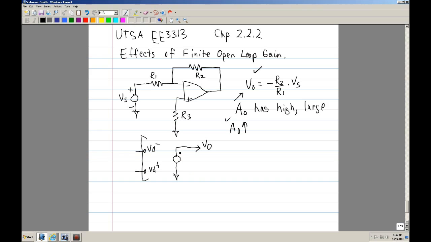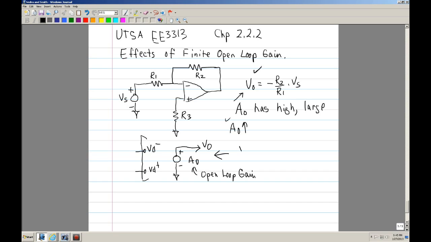The gain of this voltage source is controlled by the open loop gain. If you have a voltage here and a voltage here, whatever the differential is gets multiplied times A sub O, and that will give you your voltage out.